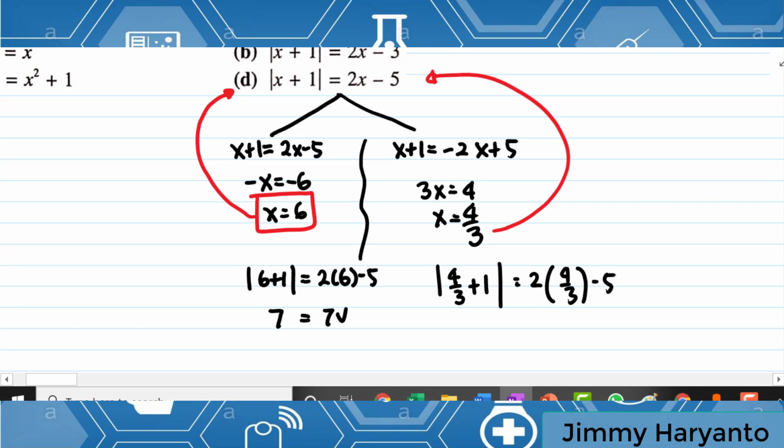Okay, so this one will be 7 over 3, and this one will be 7 over 3 also. Oh, no, for this one it is negative 7 over 3, so it's not correct. If it is not correct, then this one is not the answer, so the answer will be only 6.